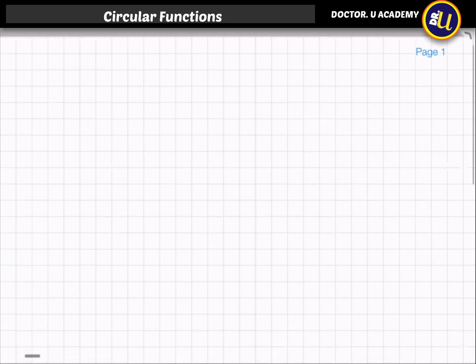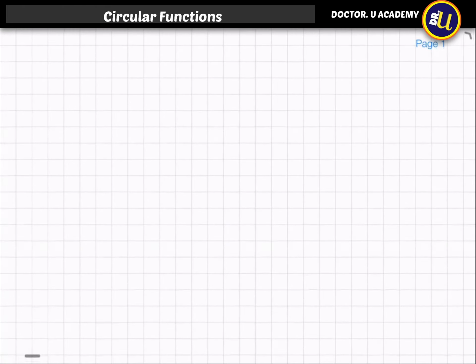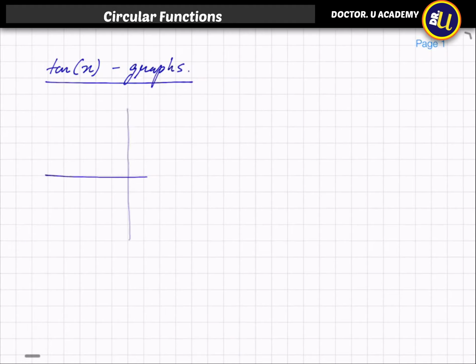So, today's lesson we will discuss tan graphs. We call it tan x, and how you plot these graphs. The basic tan graph looks like this.